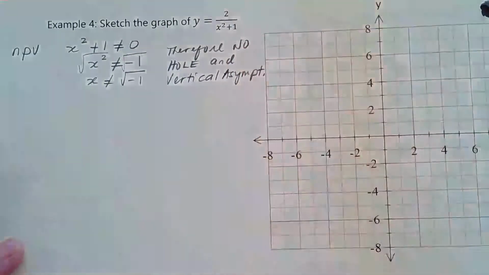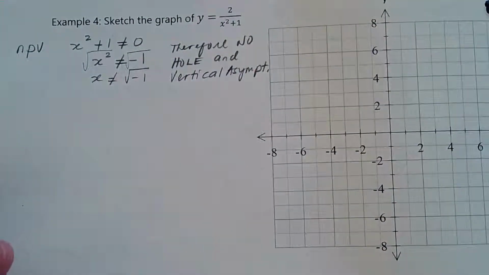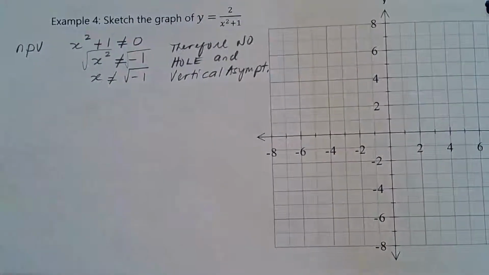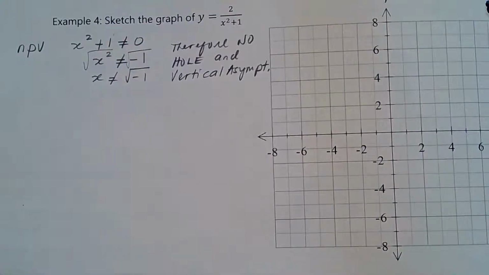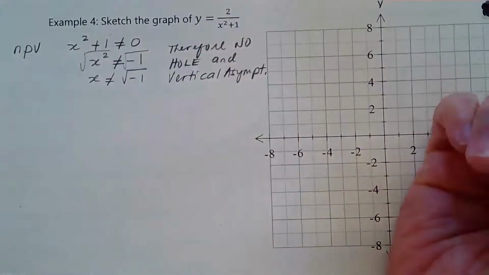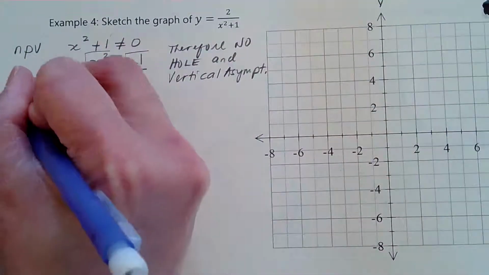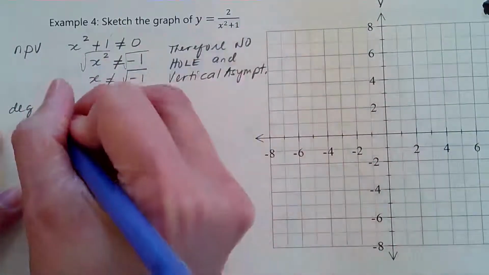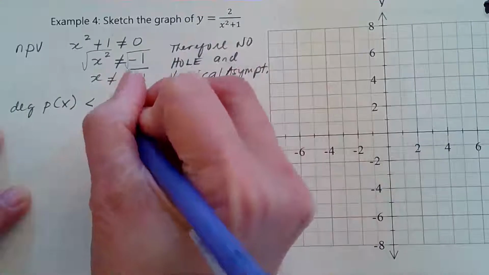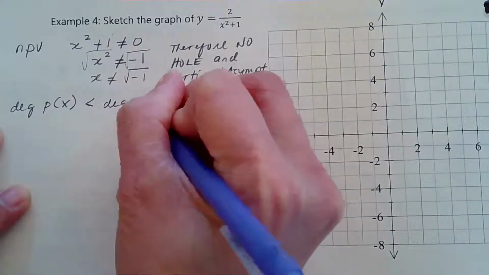Okay, this is something that we haven't quite seen, or maybe we've seen one of the questions from the book. Okay, now what about the horizontal asymptote? Okay, no common factor to cancel. And we know the degree of P of x is less than the degree of Q of x.